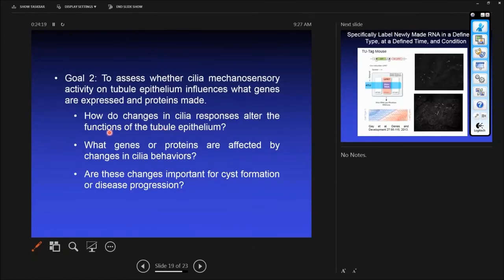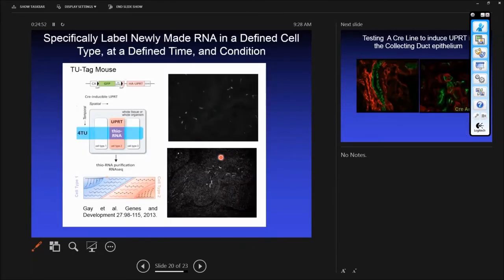So then the second goal was to understand whether when you change these mechanosensory activities of the cilia, does it influence what genes turn on and what proteins are present? And so we wanted to know when you change this mechanosensory response, either by changing the flow rate, taking away the cilia, or altering the polycystin proteins, how does that impact what genes and proteins are going to be made, and how does that affect the physiology of the tubule?